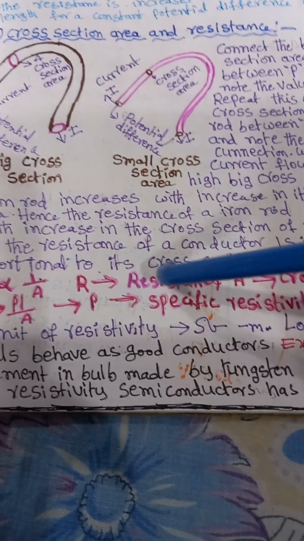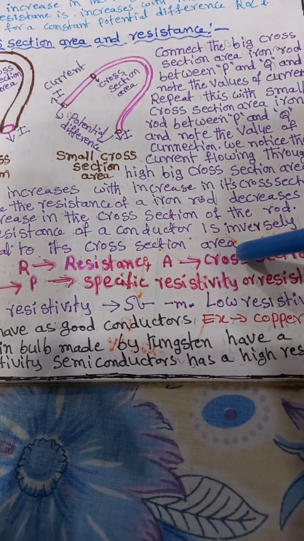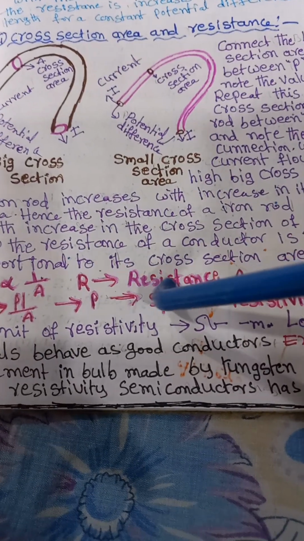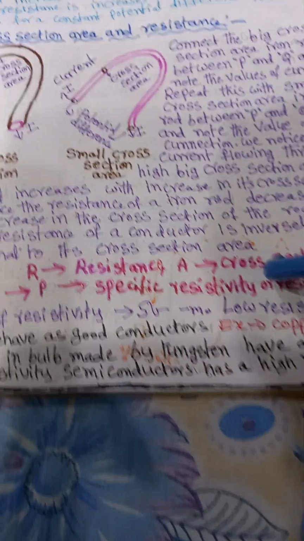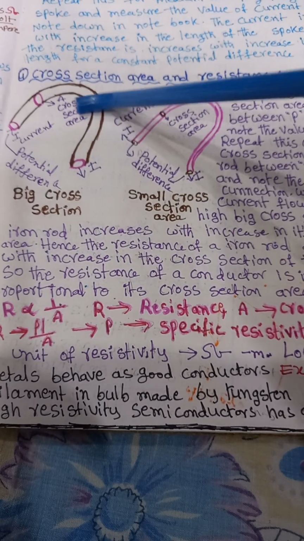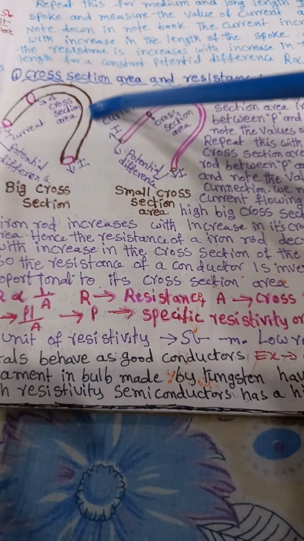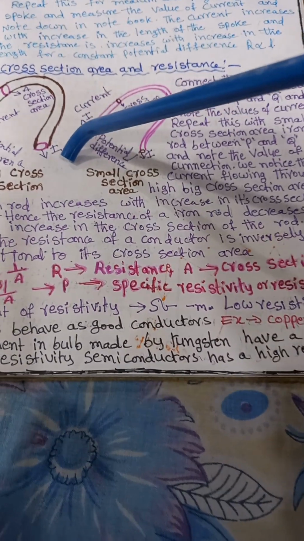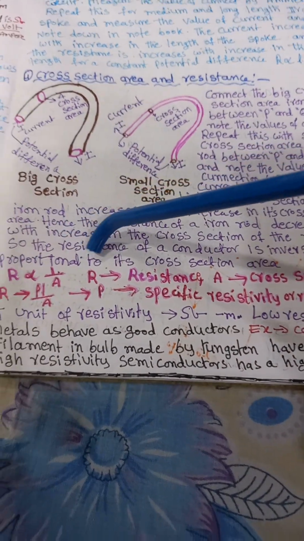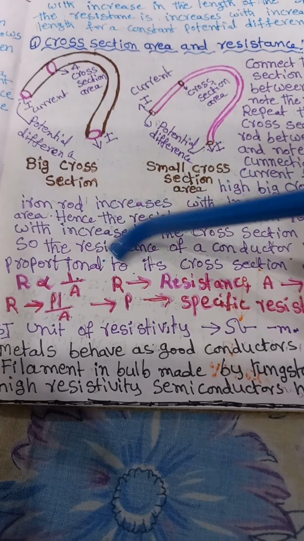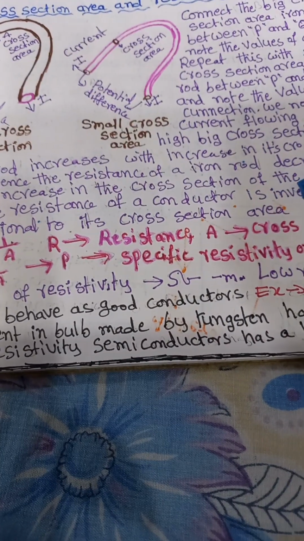So the resistance of a conductor is inversely proportional to its cross section area. When the cross section area increases, the resistance is decreased. So it is inversely proportional to its cross section area.